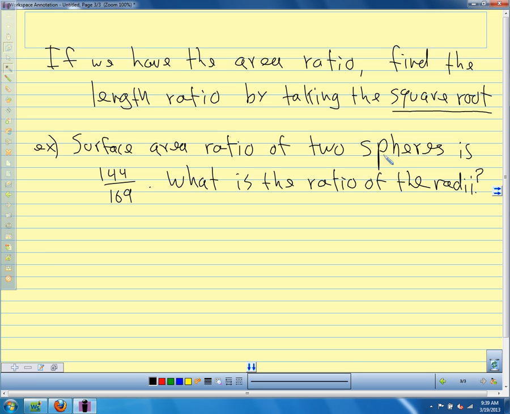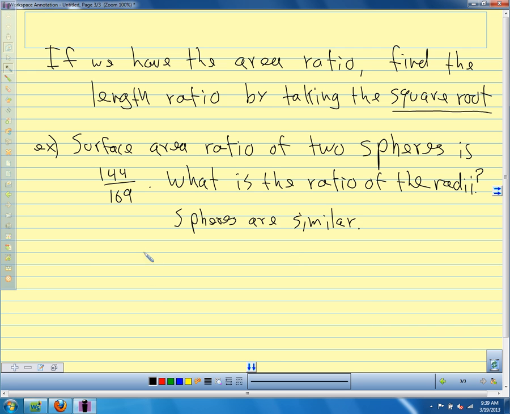Can two spheres ever be different shapes? Aren't spheres always just a ball? Yeah. So two spheres are always similar. So we know we can use our rule.